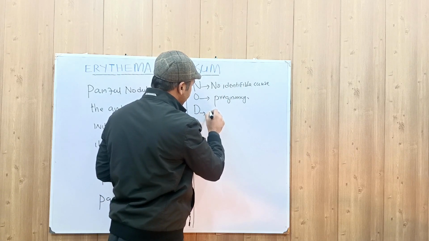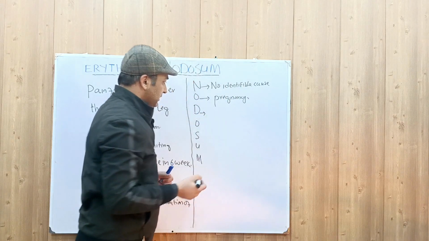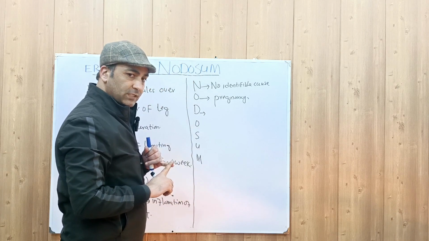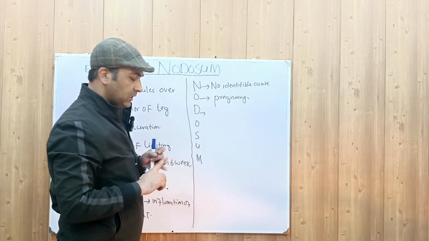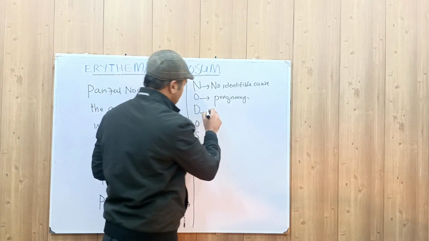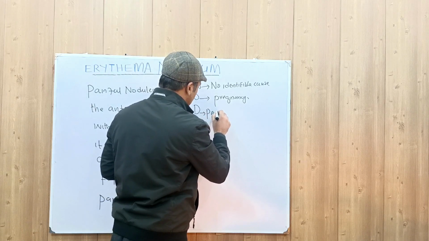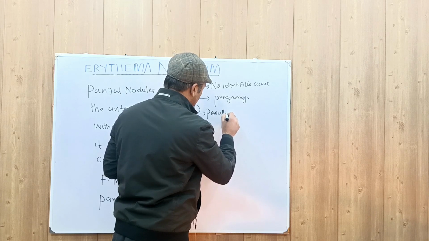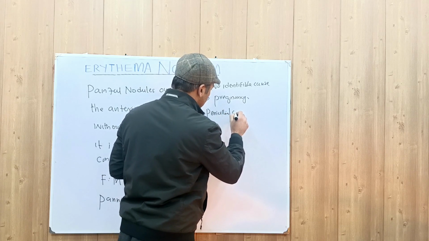D here is for drugs. Which drugs? It includes penicillin, sulfur-containing drugs, allopurinol, antiepileptics, and many others.